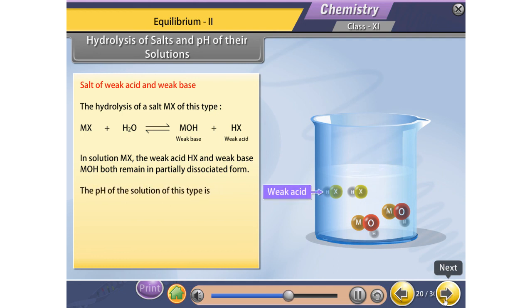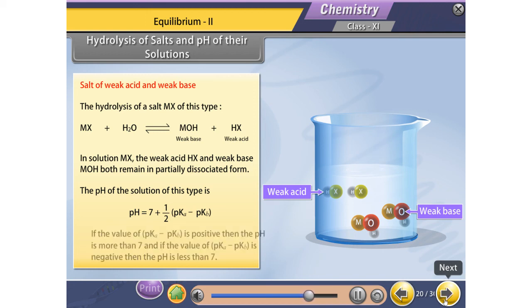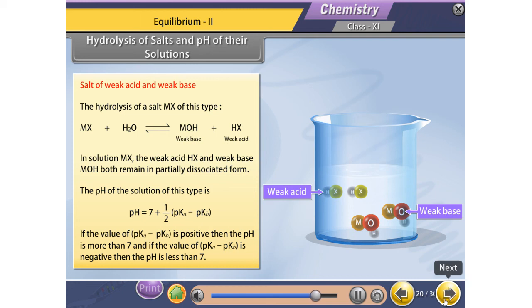The pH of the solution of this type is pH equals 7 plus 1 by 2 into (pKa minus pKb). If the value of pKa minus pKb is positive, then the pH is more than 7. If the value of pKa minus pKb is negative, then the pH is less than 7.